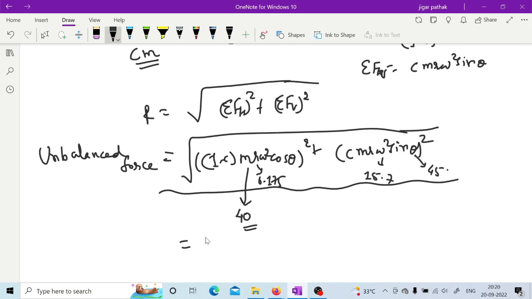So can anyone tell the answer? C is 0.6. Can anyone tell the answer? 880.7. Sorry. 880.7.